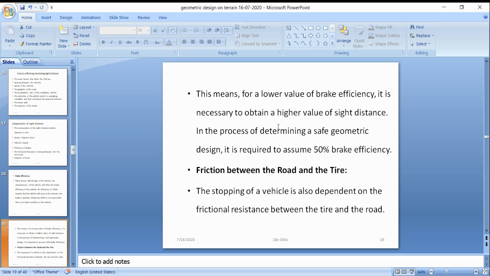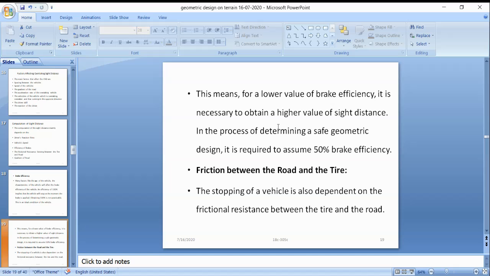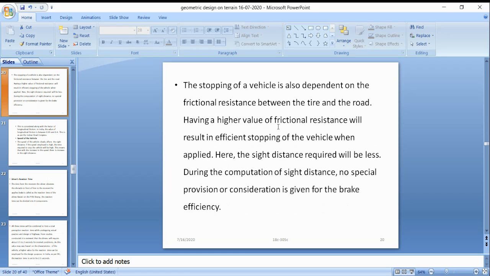Next comes the friction between the road and the tire. We have seen different factors: brake efficiency, driver reaction time, vehicle speed, and friction between the tire and road, and gradient of the road. The stopping of a vehicle also depends on the frictional resistance between the tire and the road.